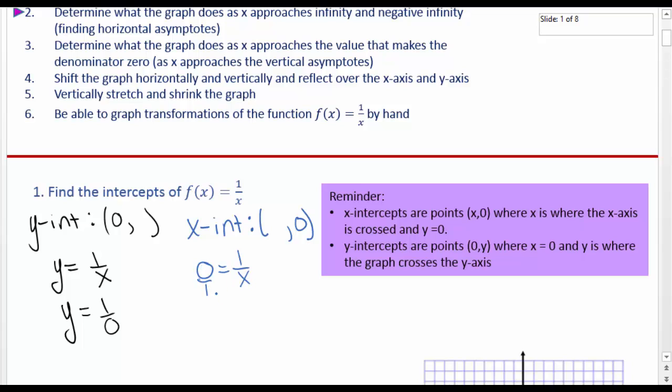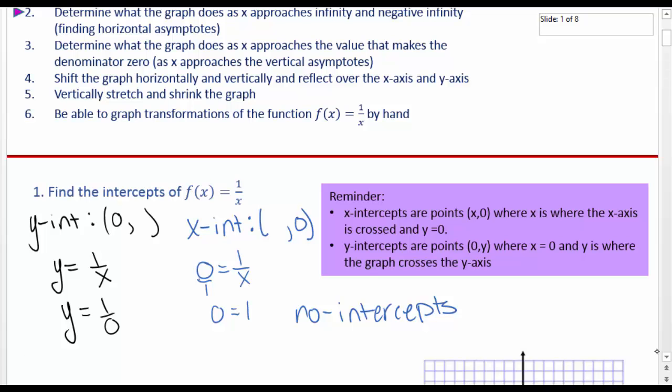So we're going to have x times 0 is 0, and 1 times 1 is 1. So we get 0 equals 1. Well, obviously, this is not a true statement, so there's not an x-intercept either. Which means there's something interesting going on whenever y is 0. So there's no intercepts. And we're going to need to pay attention whenever x and y get close to 0.